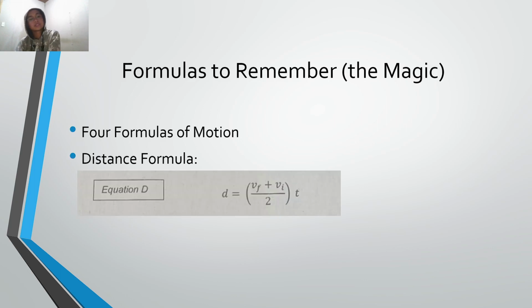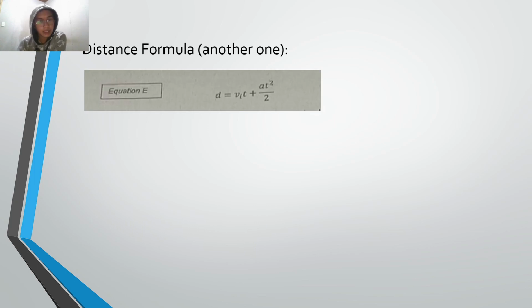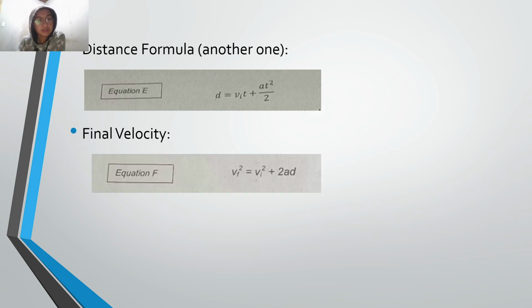So meaning sa distance nga formula, kani ang imo rang ilisan diri is si A. So si A himo nimo siyang G, which is si 9.81 meter per second squared. And sa final velocity equation, kani si A, ilisan nimo og G.